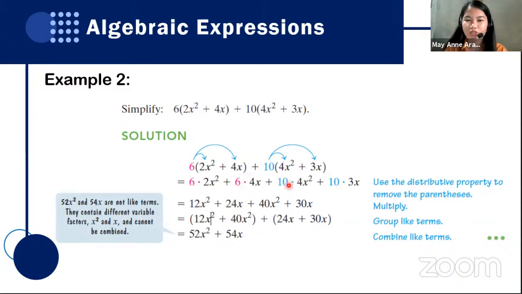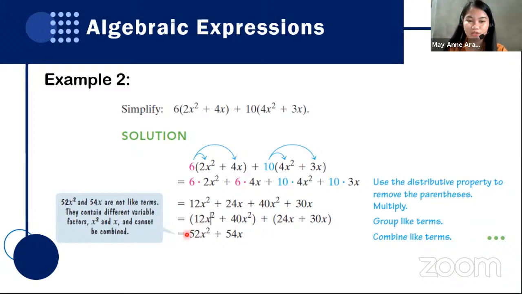You have 10 times 4, 40x squared, and 10 times 3, you have 30x. Then combine like terms. We have here 12x squared and 40x squared, which have the same variable, x squared. And 24x and 30x also have the same variable, x. So we can add both of them. 12 plus 40 is 52, and 24 plus 30 is 54x.